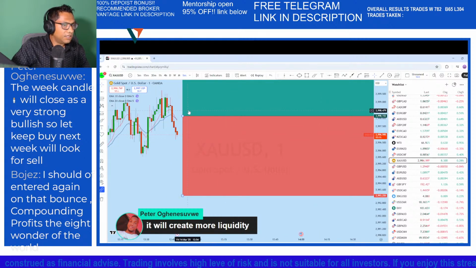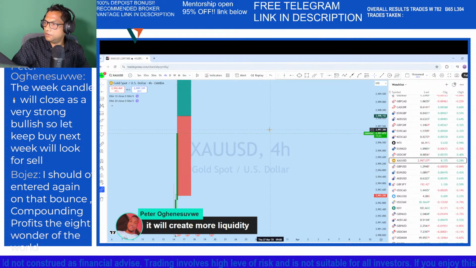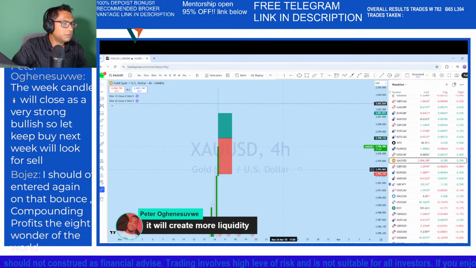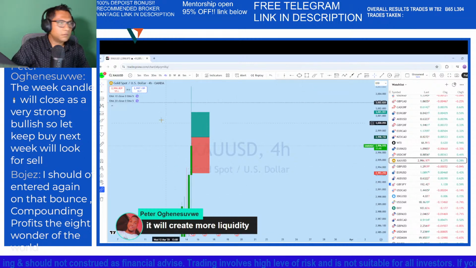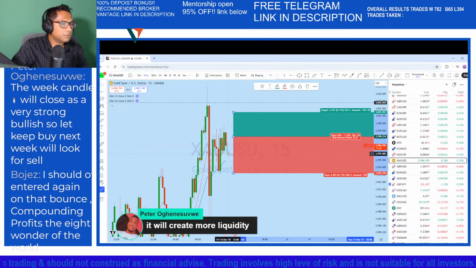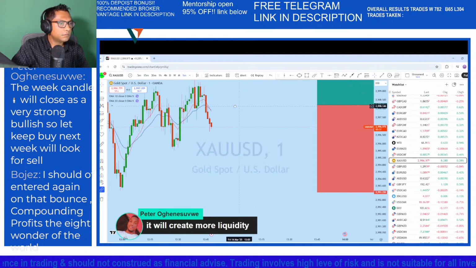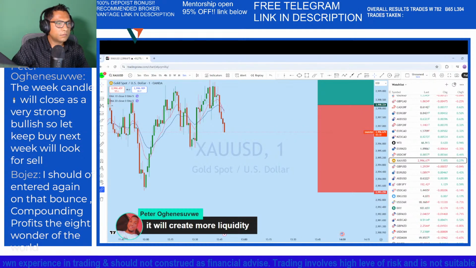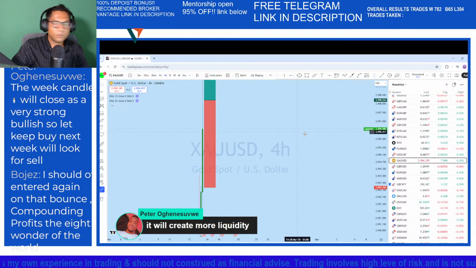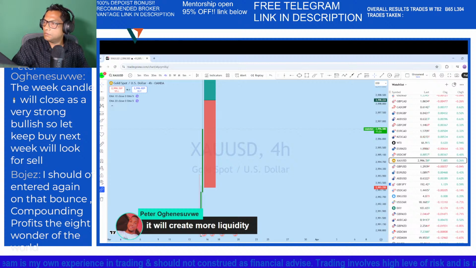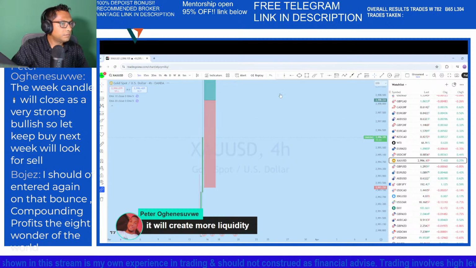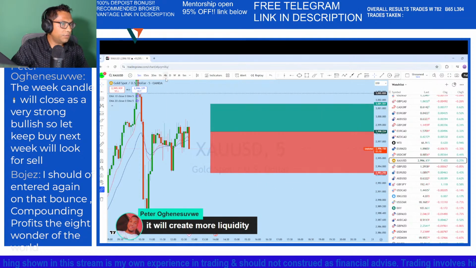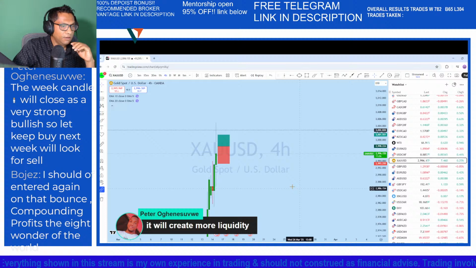We may see that there is a breakout here, and so there is a breakdown. We'll be waiting to see what's happening.